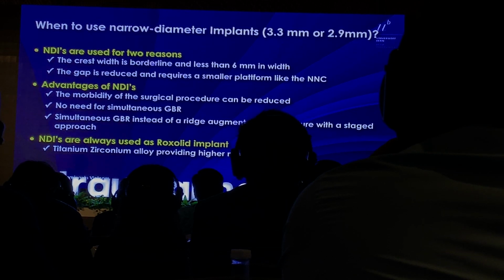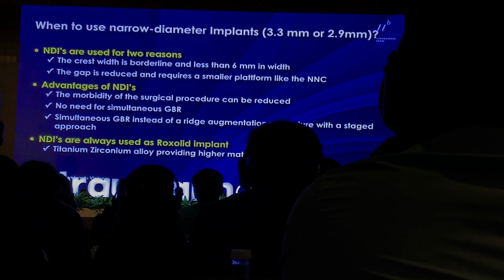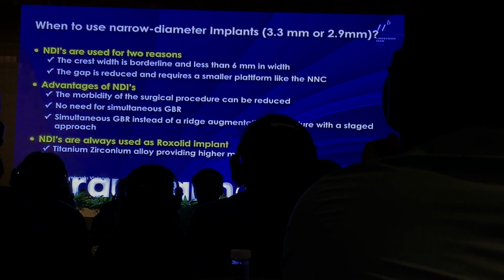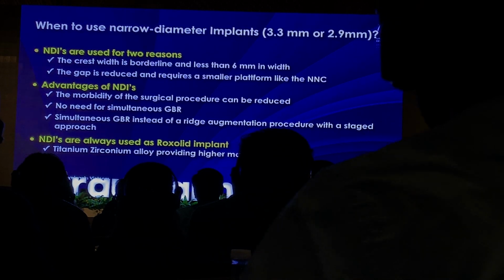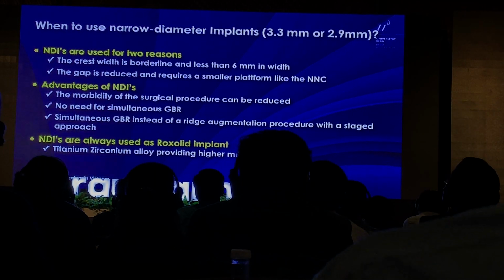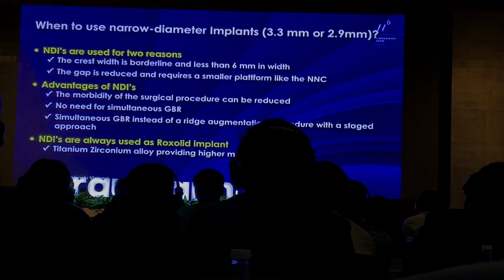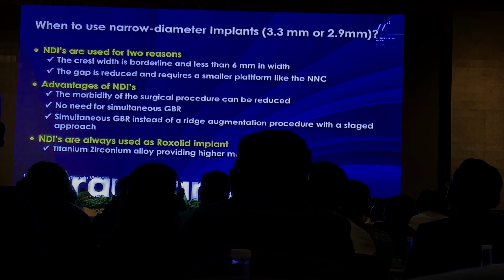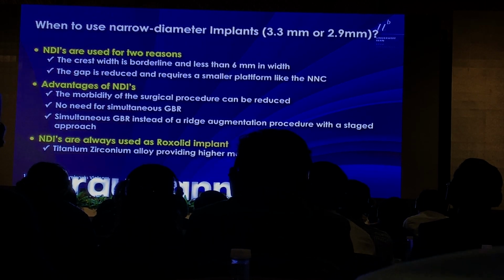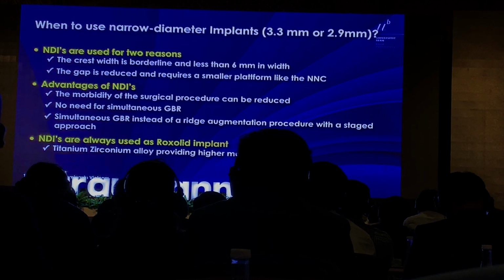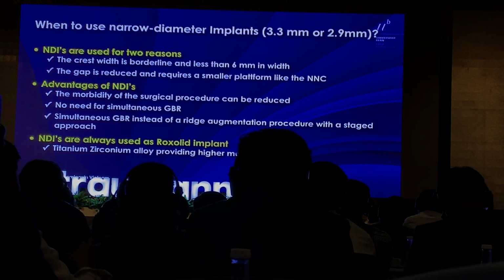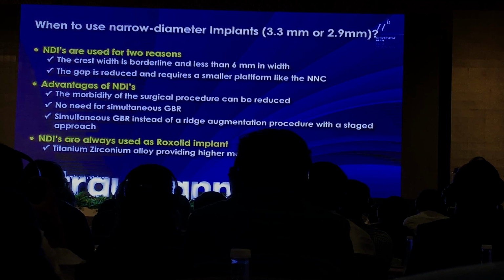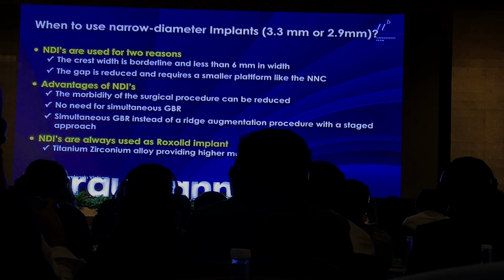Okay, so the advantage of that one, often you can reduce the morbidity for the patient. When there is, let's say, a 6 millimeter crest, and you want to keep on each side 1.5 millimeter, then you cannot place a standard diameter because you get very thin buccal wall. Then when I see I can do that with a 3.3 millimeter implant, then I don't have to do bone grafting for that patient.